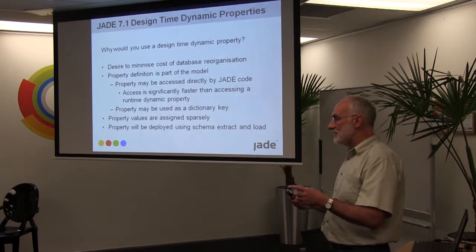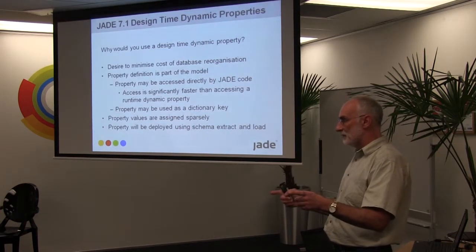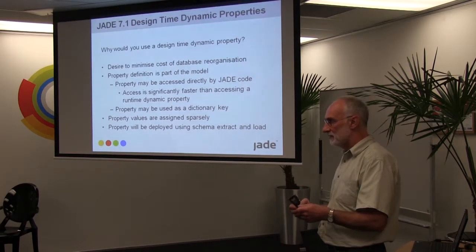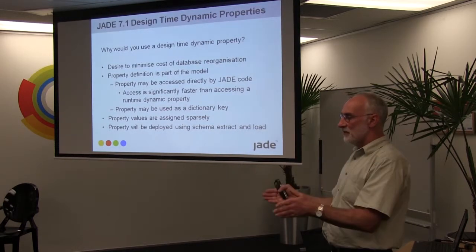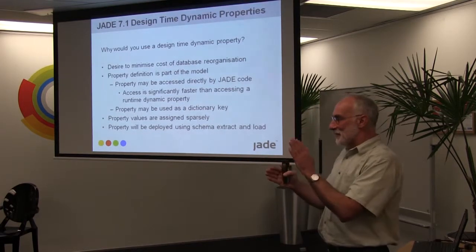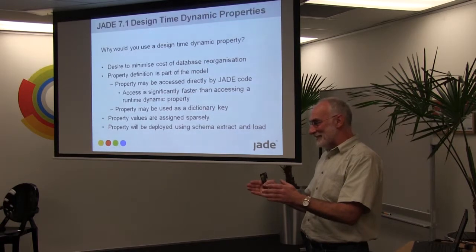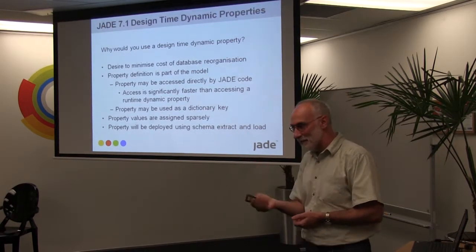You mean the access for a static property or a dynamic property? Yeah, that's about 70-80%. So not quite 2 times. Not quite 2 times, that's right. And the difference between a runtime and a design time dynamic property is 10 times, because you've got to go through get property value, set property value.